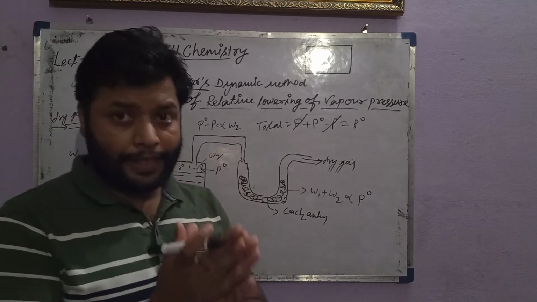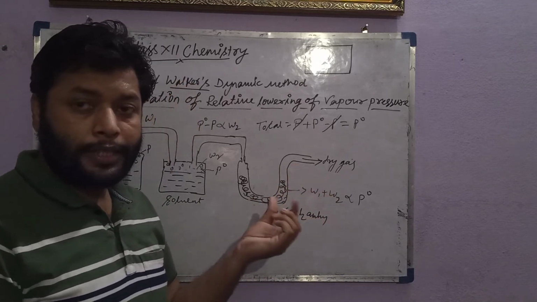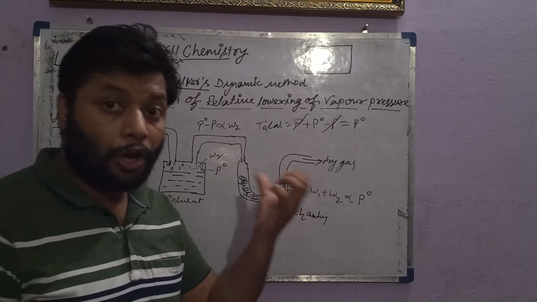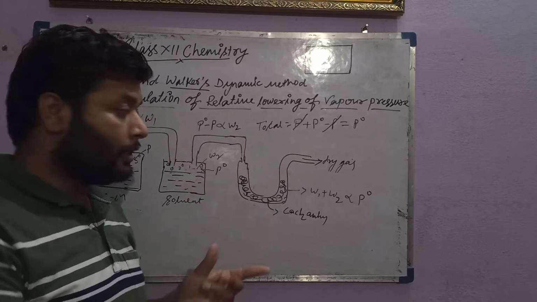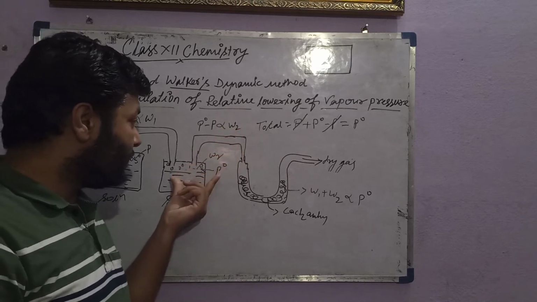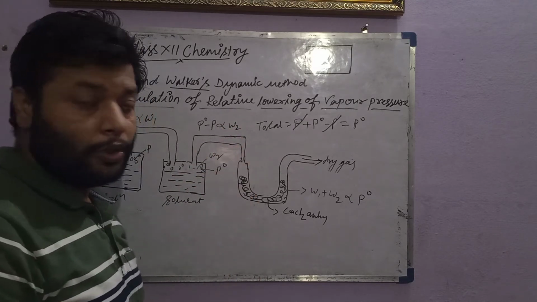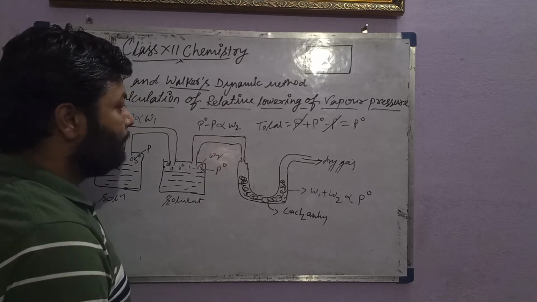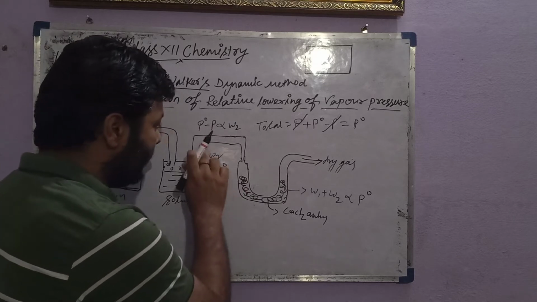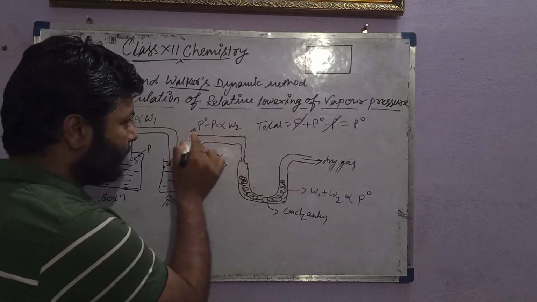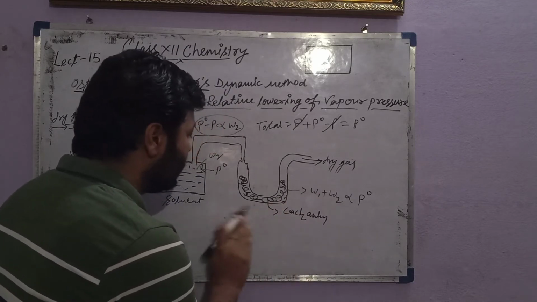So relative lowering is the total weight loss by the vessel in ratio with the weight loss by the solvent, that is W2. You can see here the P naught minus P. When we divide this equation with this equation, we get the relative lowering.